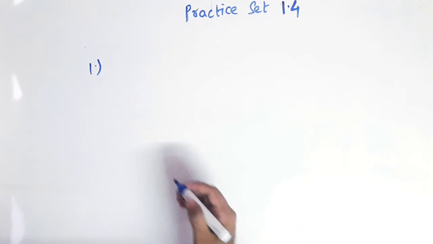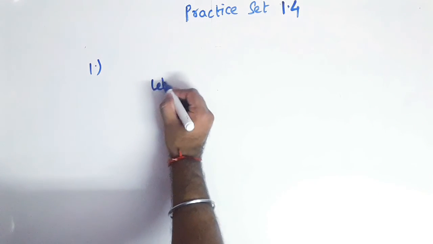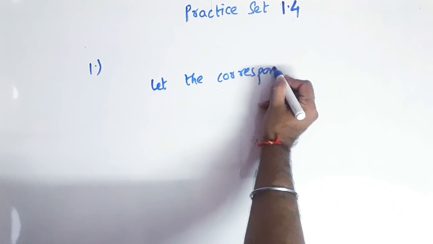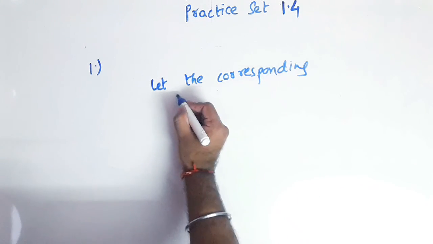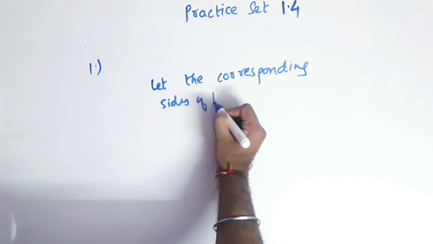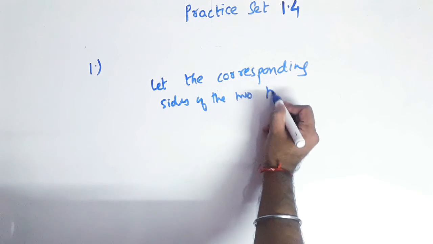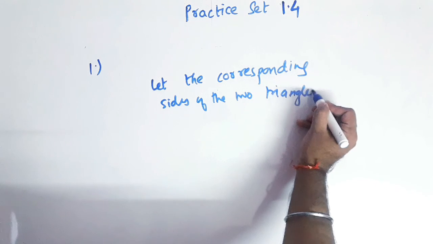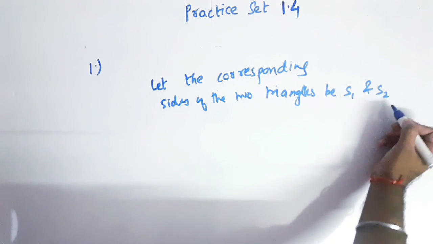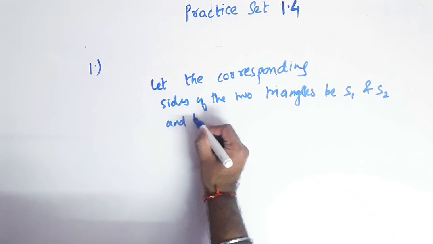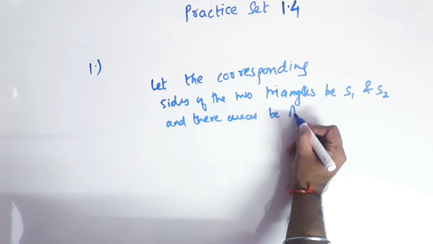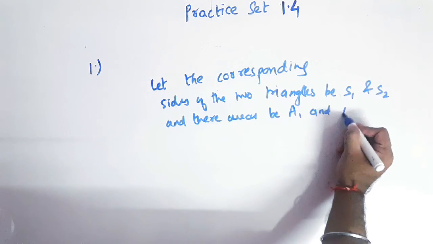Okay. Now let the corresponding sides of the two triangles be S1 and S2 and their areas be A1 and A2.